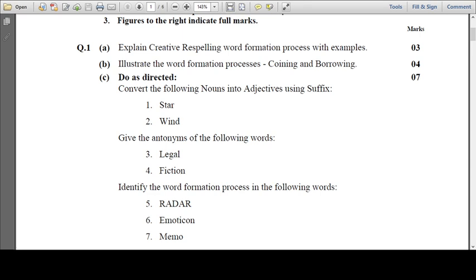Now the next one is to give antonyms. You have to give the antonyms of the following words. The first one is legal.